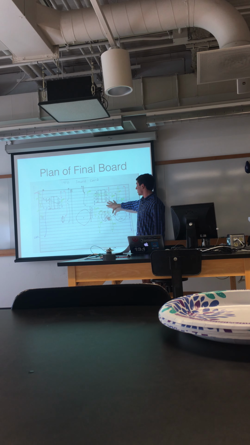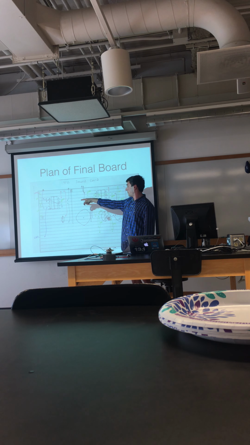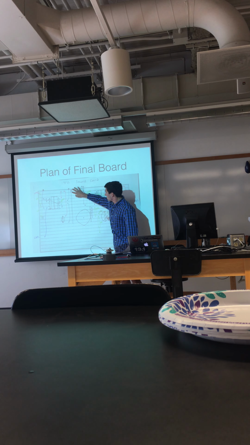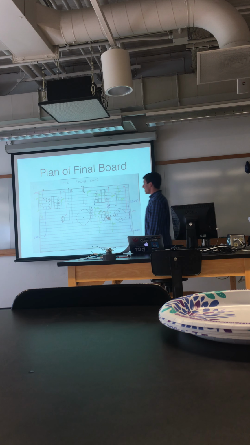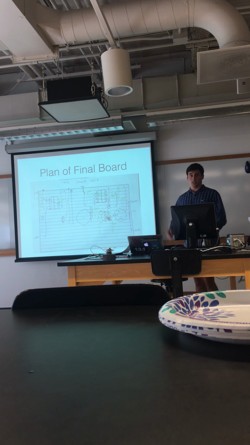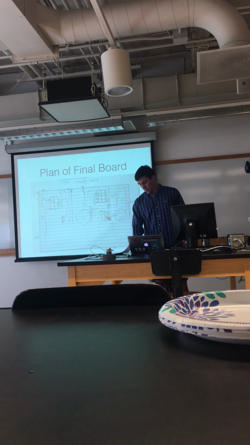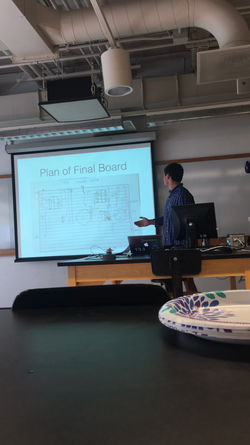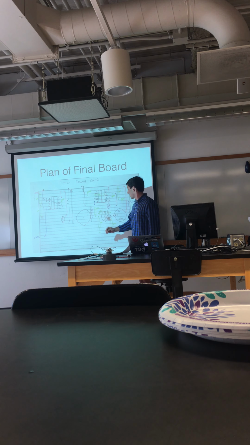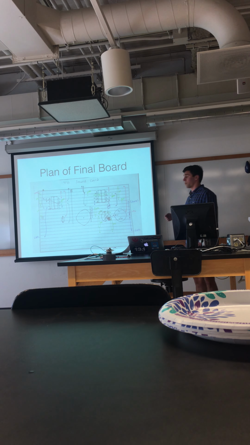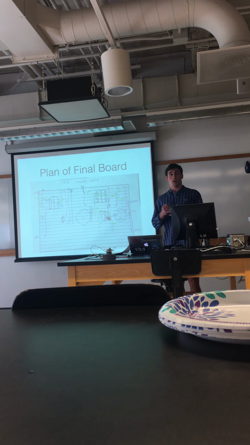So this is the PIR side of the board, that's the photodiode side. There's a cut in the copper so that they are isolated from one another. The only other thing on this, I'll just point it out real quick because this is what I'm about to start talking about, this hole in the middle is the hole for the motor. So the motor is going to come up through this board, connect to the fan on the other side.